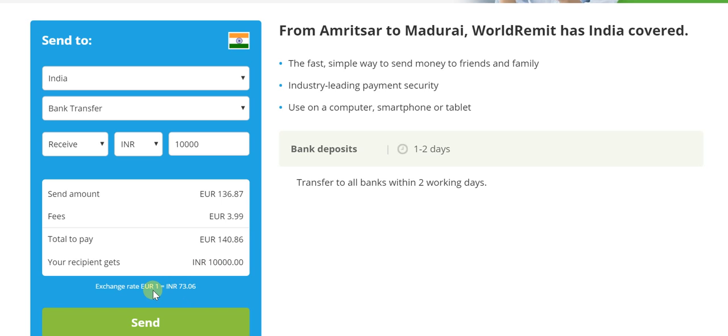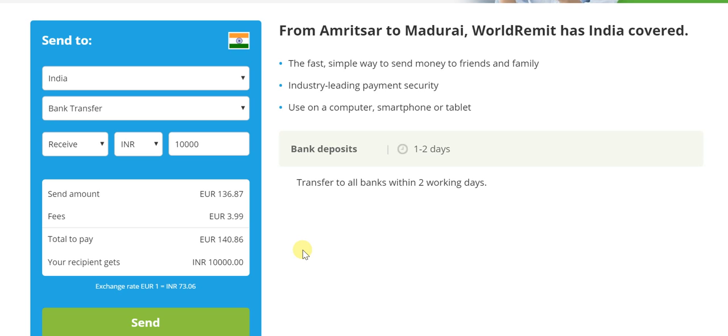So everything is so simple and straightforward, and these are perhaps the best parts of WorldRemit because you know the send amount, you know the fees, you know the total to pay, and you know the exact exchange rate that is going to be taken. Otherwise, especially when it comes to wire transfers directly from one bank account to another bank account, you neither are sure of the exchange rate that would be taken, nor of the fees that would apply, even often the number of fees that would apply, because often there are multiple fees, especially when there are multiple exchange rates involved.